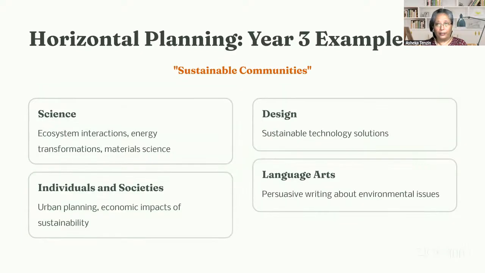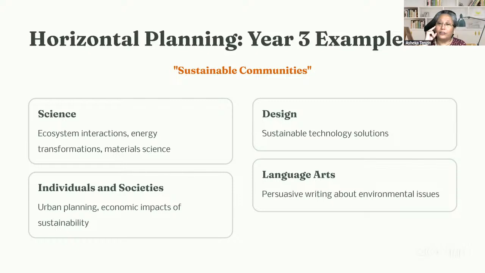Now in grade 8, sorry, MYP year 3, if we are going to study sustainable communities, then in sciences, you can look at studying ecosystem interactions, energy transformations, and material science. In chemistry, so what could you study in design? You can look at sustainable technology solutions.